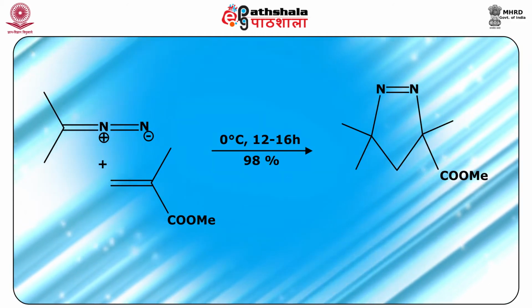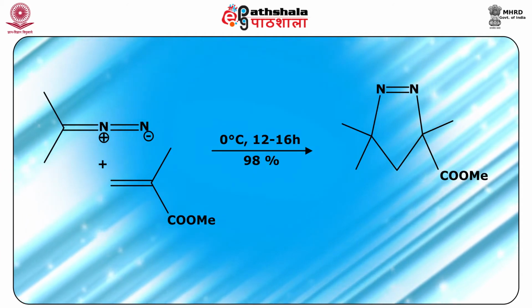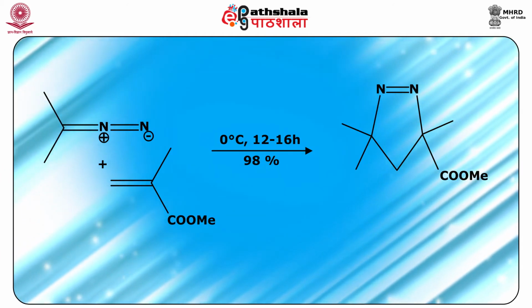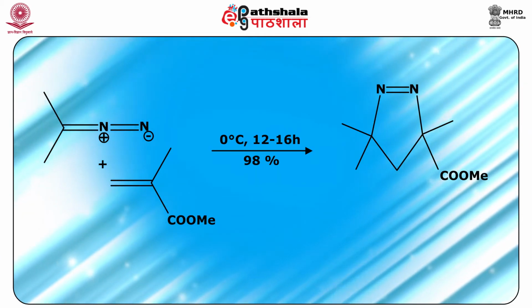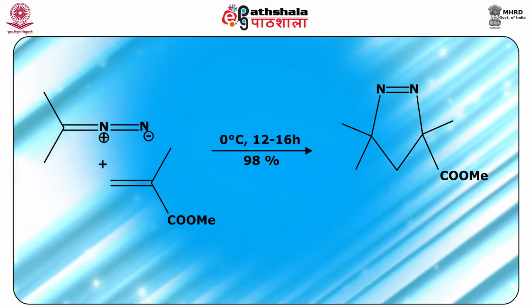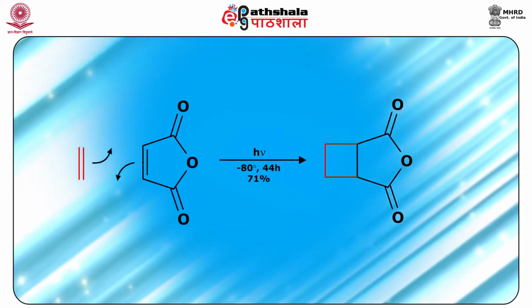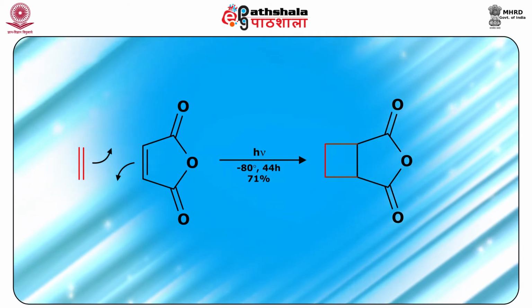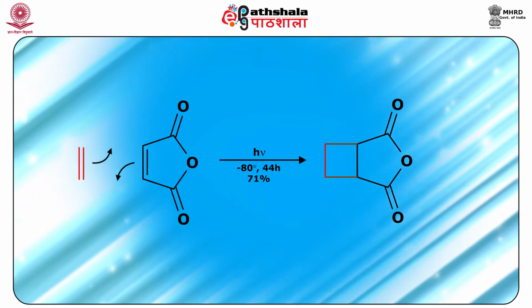As an example of 3+2 cycloaddition, substituted ethyne undergoes 1,3 dipolar addition with azides to give triazoles, as shown in the reaction.